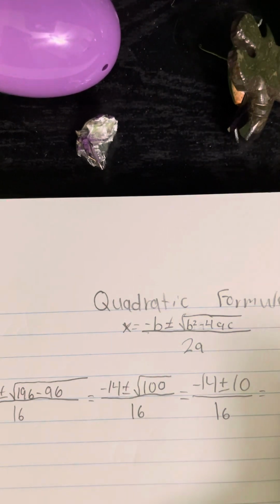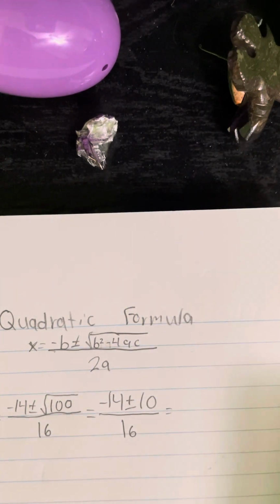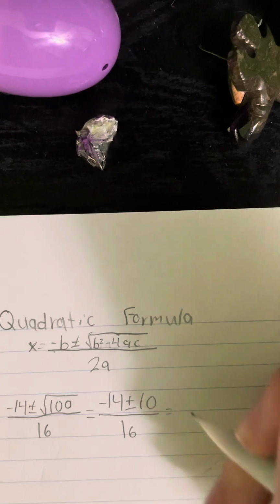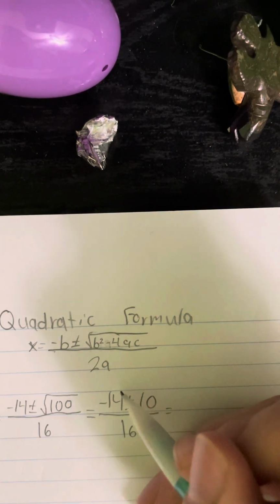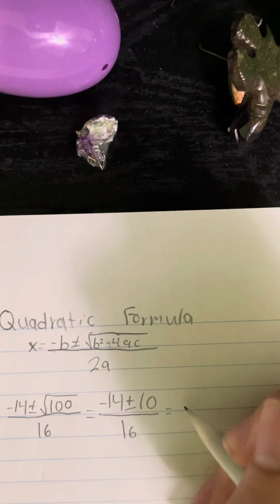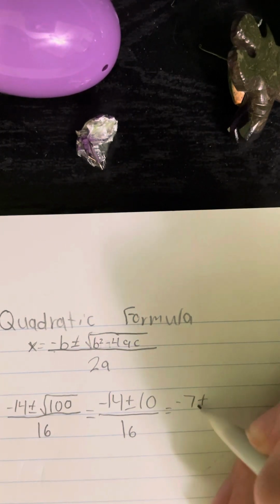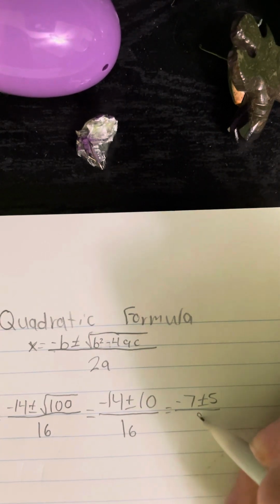Now, all of these are even numbers, so they can at least all be divided by 2. So we'll take 2 out of everything, so we just cut everything in half here. So we have negative 7 plus or minus 5 over 8.